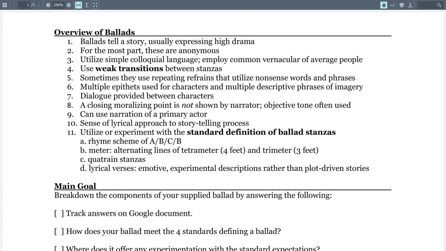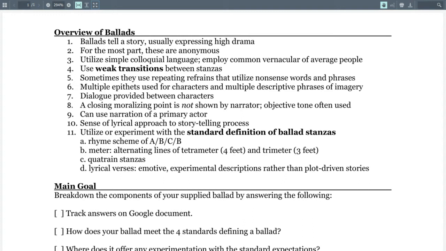It's a general idea. Okay, so typically there will be a rhyme scheme, and it'll follow the logic of A, B, C, B. So what that means is the second and fourth lines will be rhyming. The first and third lines will not rhyme. And that's the standard practice.